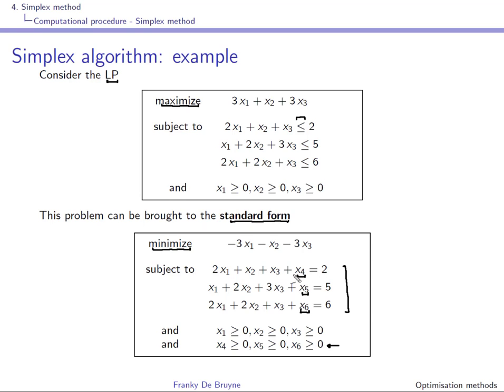So if you write this in the tableau, you always have, for instance, for x4, 1 0 0, for x5 0 1 0, x6 0 0 1. So you can choose as basic variables x4, x5 and x6, right? So in this case, this initial basic feasible solution is easy to find. It might not always be the case, as we'll see later.